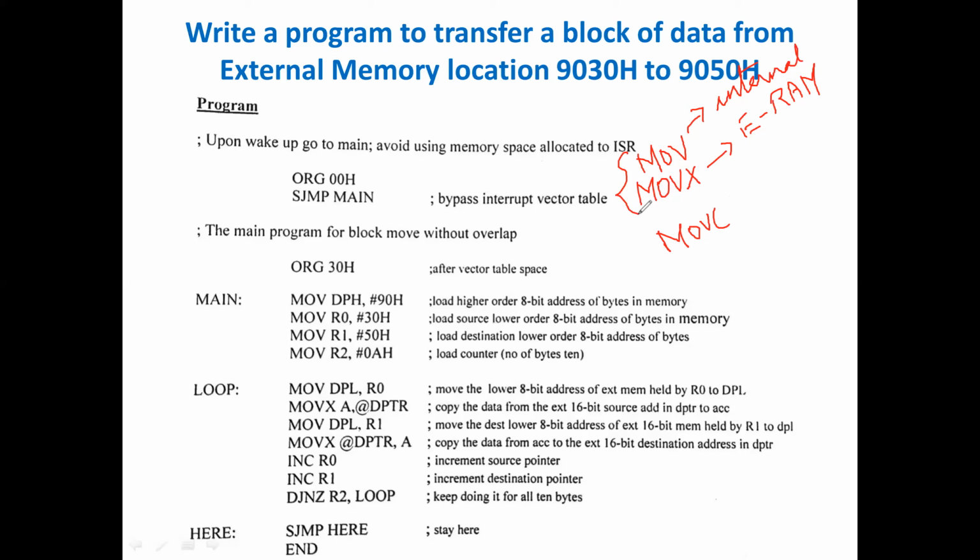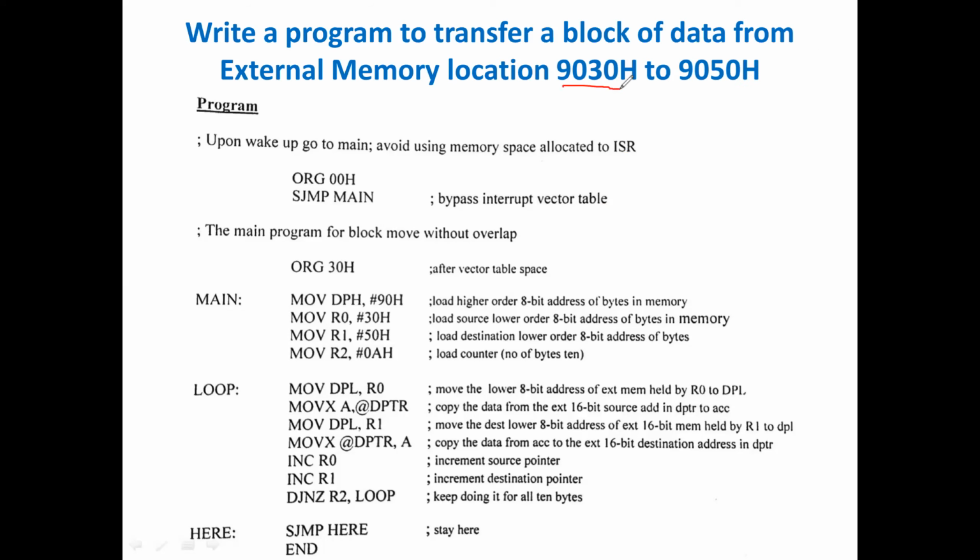So now you come to know that for any external data transfer between the RAM, you must come across the instruction MOVX. First point. The next important thing is how you can point to the corresponding location.